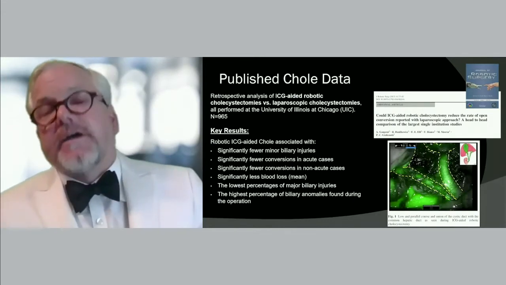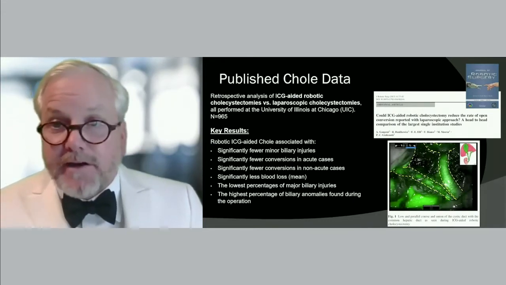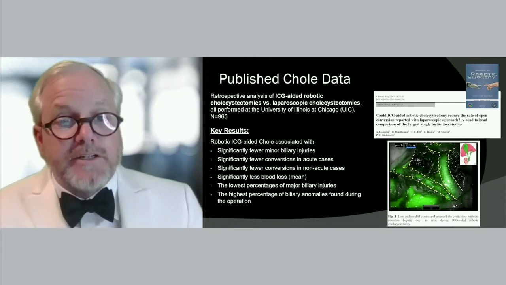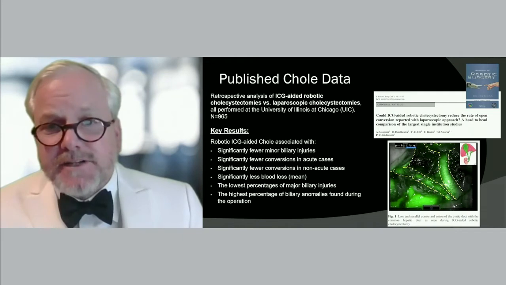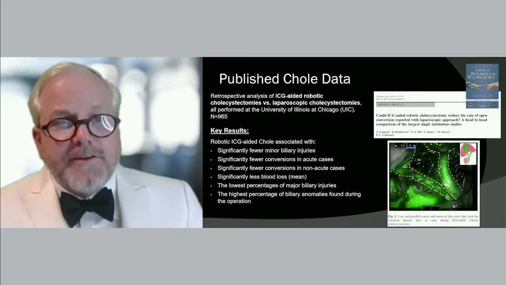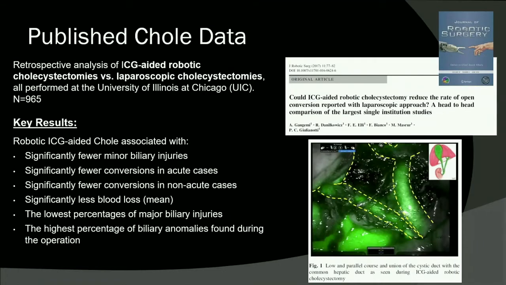Cholecystectomy, I'm a huge fan of ICG. I love Firefly. I talk about Firefly all the time on the robotic surgery collaboration. And I see all these accessory ducts all the time. This is looking at ICG, and what they found was there were fewer minor biliary injuries and fewer conversions in acute cases.